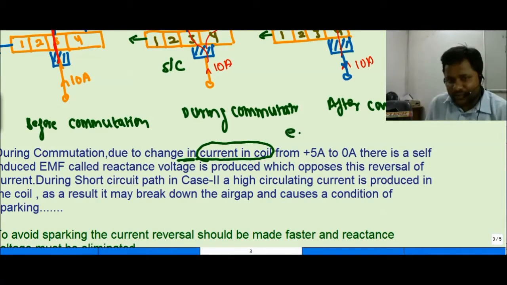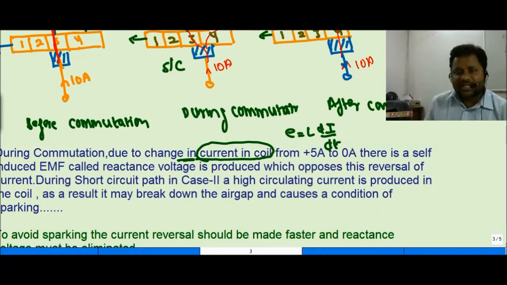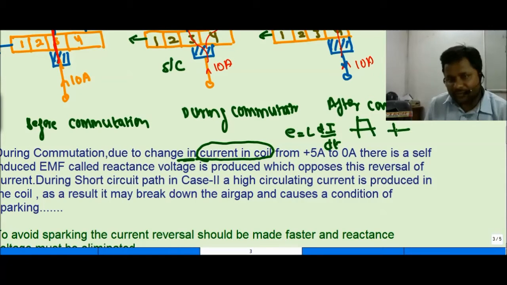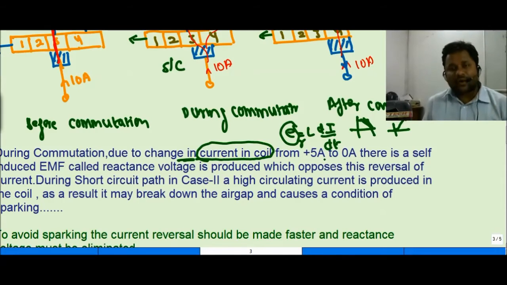We know that E equals L di upon dt. Whenever there is a change in current, from plus to minus or from 0 to maximum, an induced EMF called reactance voltage is generated in the coil. This induced EMF always tries to oppose the cause of its production.